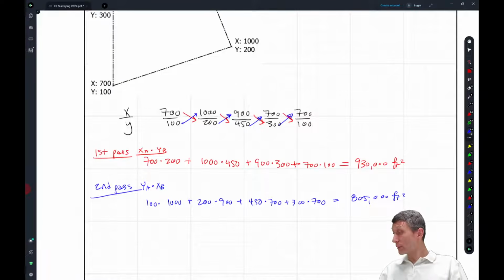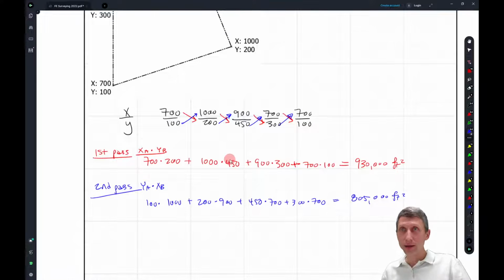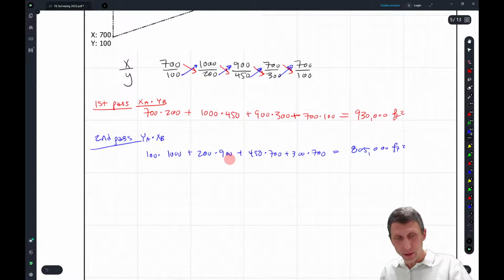And if we come back to the formula here, we see something else. We see that we have to subtract these, right? So we're subtracting this essentially. So what I'm going to do is come back here. I'm going to say the total area is going to equal the first pass, and then we're going to subtract off the second pass, right?